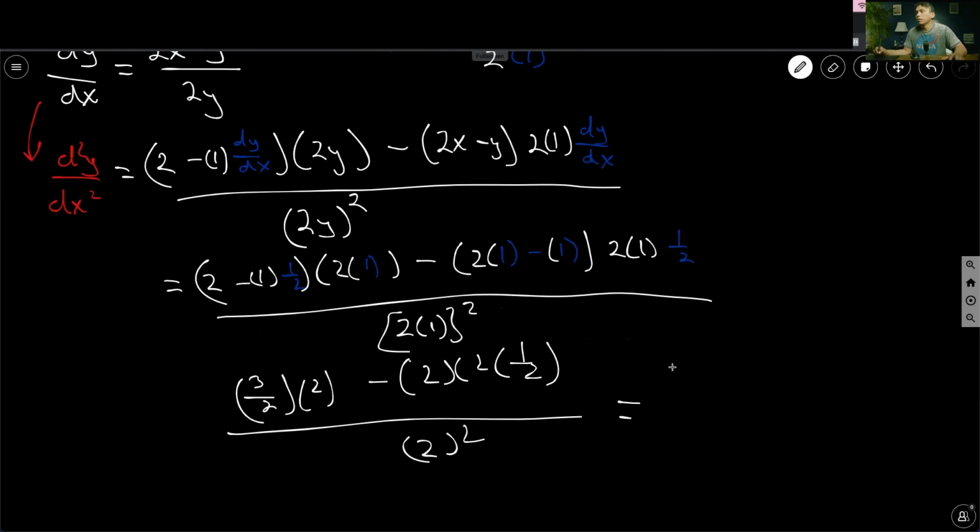So then simplify the top, 3/2 times 2, that becomes 3, minus 2 times 2 times 1/2 is just 2. All over 2 squared is 4. So the answer is 1/4.